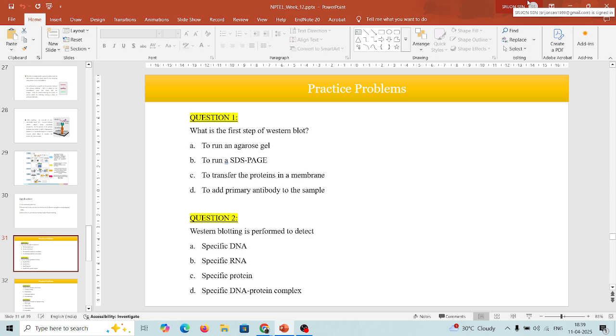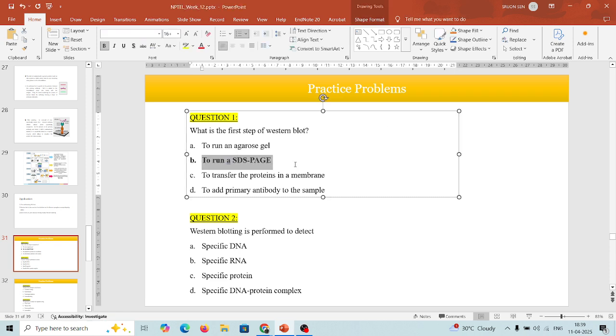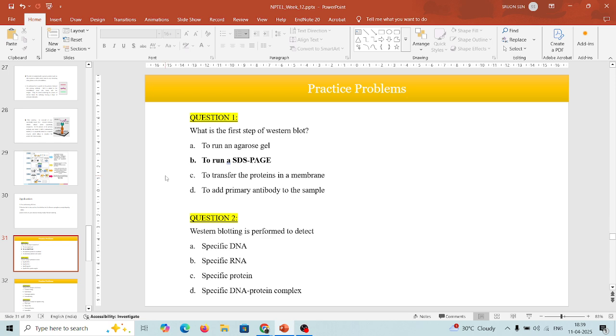So the first thing that happens is that you have to run an SDS-PAGE, and then you go for the transfer, and then the primary antibody is added, which is incubated for around 16 hours.